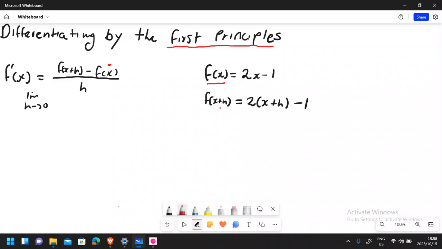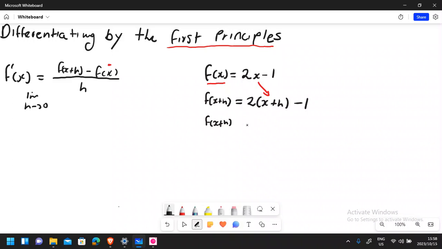For f of x plus h, wherever there is x, we substitute with x plus h. Very simple and straightforward. Then from there we just simplify it on the side.